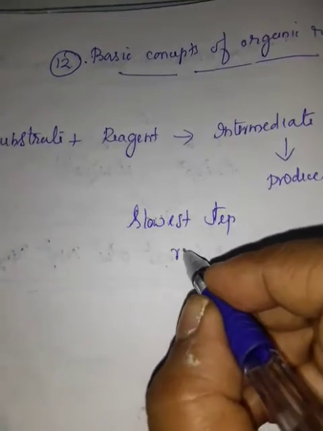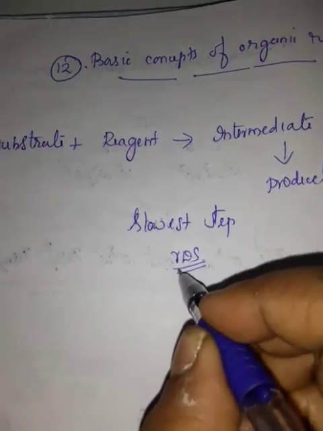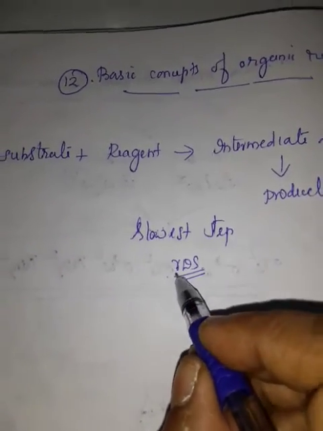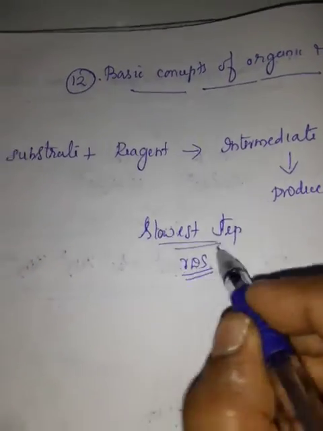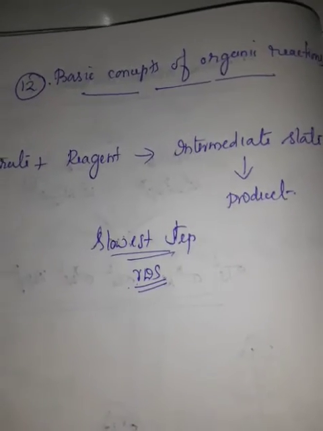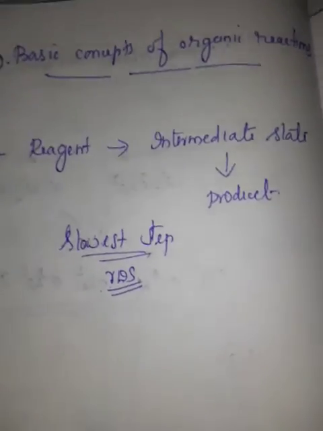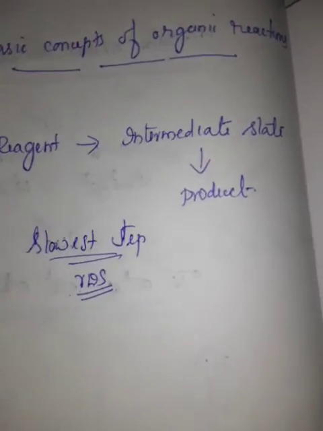This is the rate determining step, RDS, which determines the rate, that is the speed, of the reaction. For a reaction which takes place in many steps, the slowest step is the rate determining step.